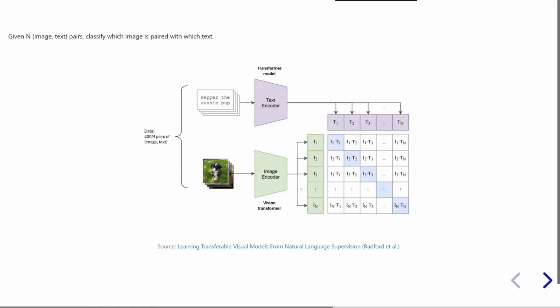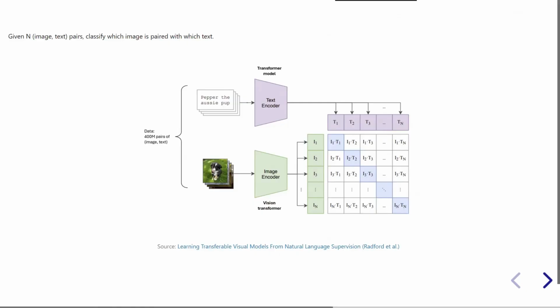And what happens is that, as I said before, we have a text encoder, which is simply a transformer model, just using the encoder part. And then we have an image encoder, which is the ViT that we talked about before. What we want to do here is maximize the diagonal and minimize the elements outside the diagonal.